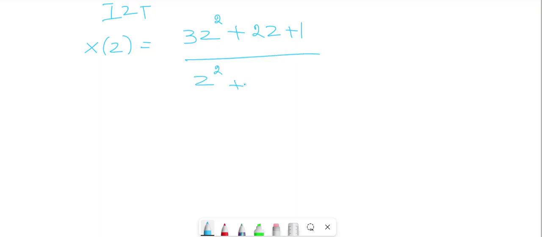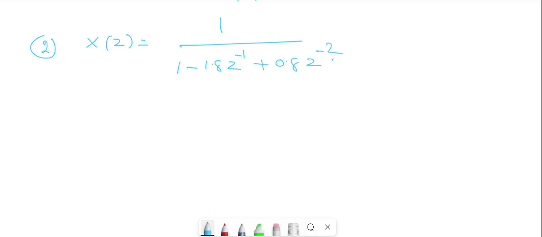So we'll take x of z is equal to 3z squared plus 2z plus 1 divided by z squared plus 4z plus 3. So now we will solve.